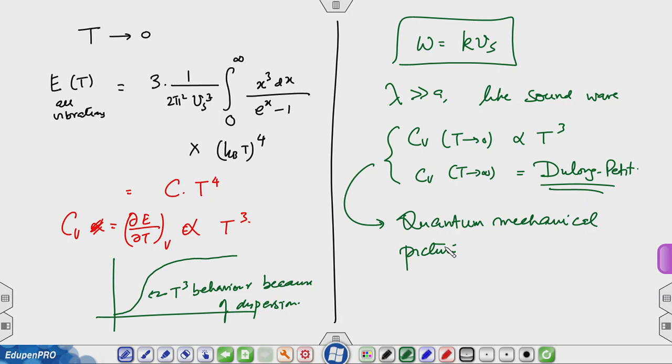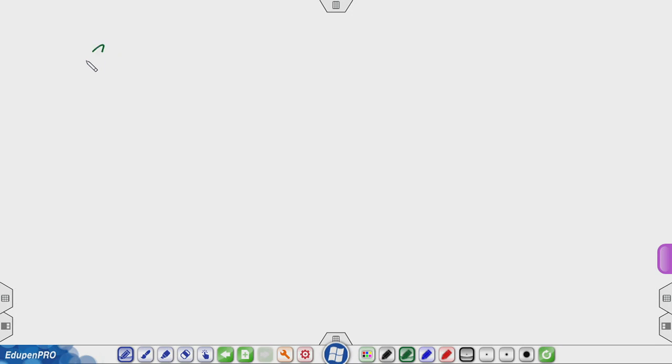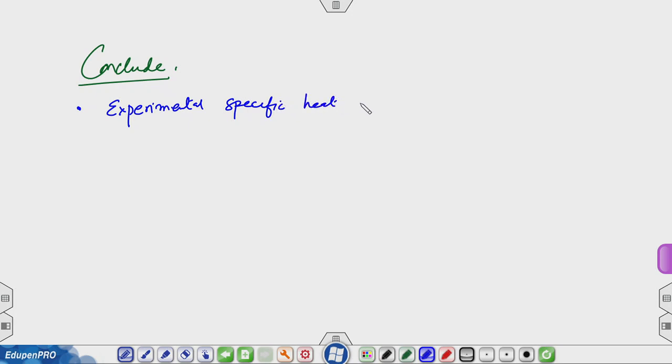So, let me now conclude this lecture by stating that number 1, experimental specific heat goes to 0 as T goes to 0. This is a quantum mechanical effect.